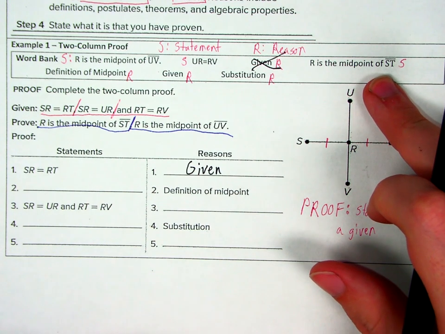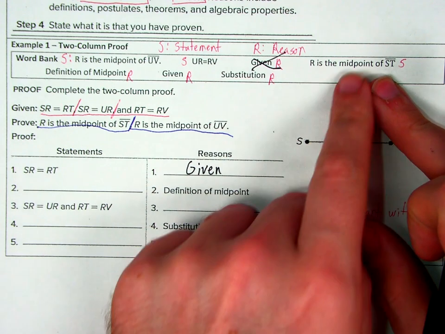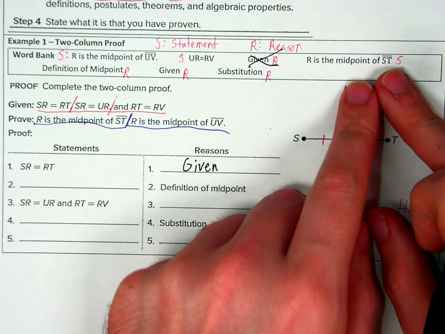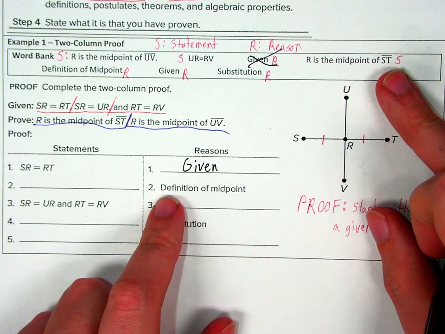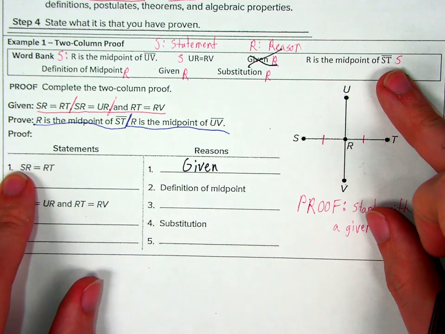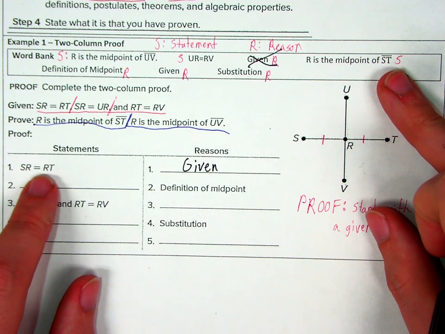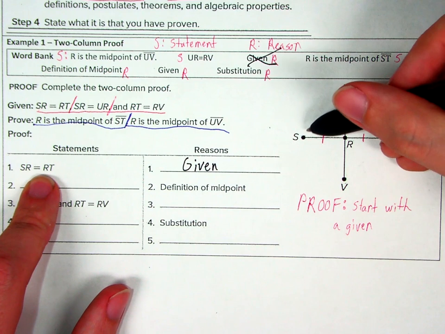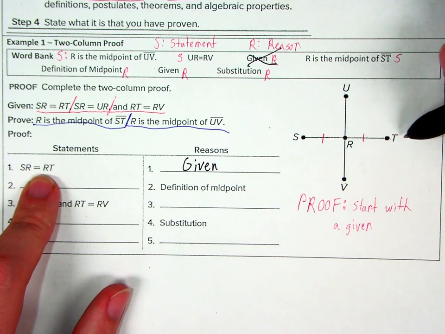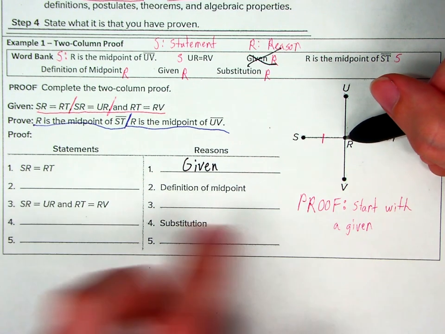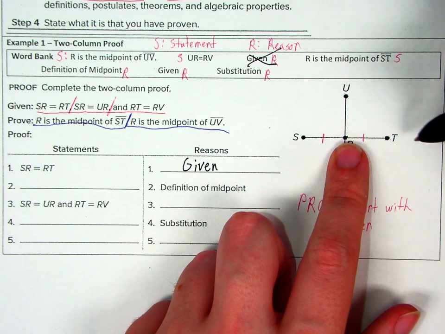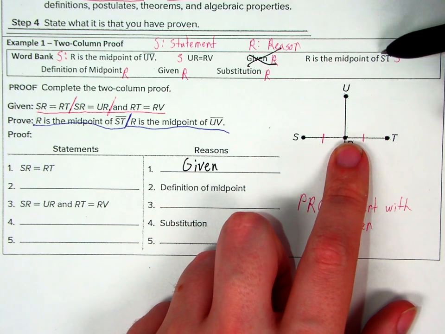The most logical thing to go with is R is the midpoint of ST. That seems like the most reasonable statement next, because we've got SR and RT. R is clearly in the middle between S and T. So R is the midpoint of ST.